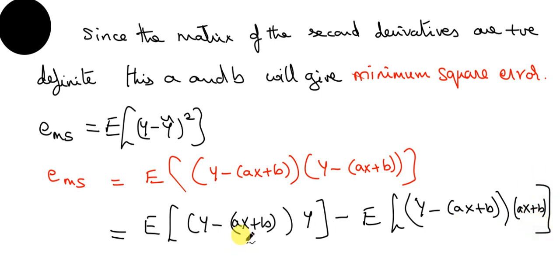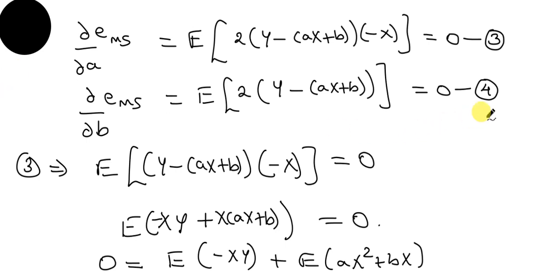Now consider expanding the terms. Before we consider expanding the terms, we have already found out that this second term will become 0 from the previous equation, where we have actually got E of y minus ax plus b becoming 0 over here.